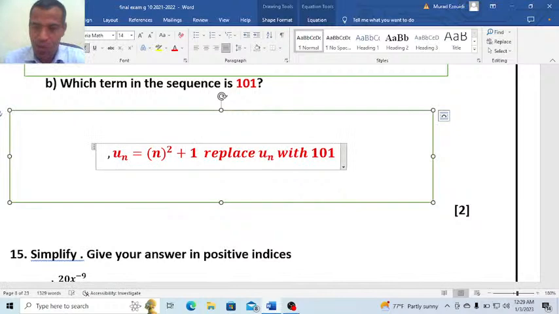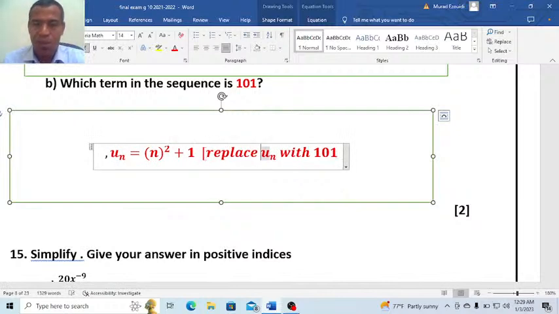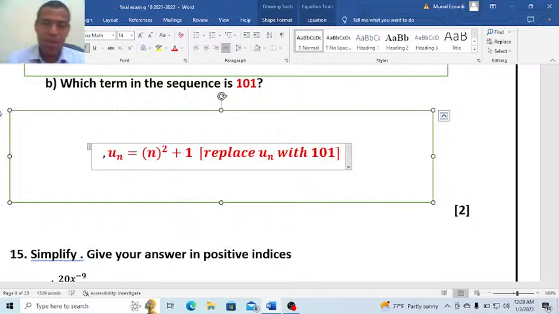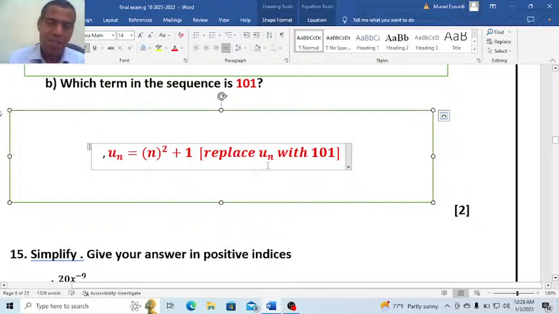I can put it into parentheses if that's possible. In order to find the term exactly, is it T9, T10, T11, T100, T200, and so on.